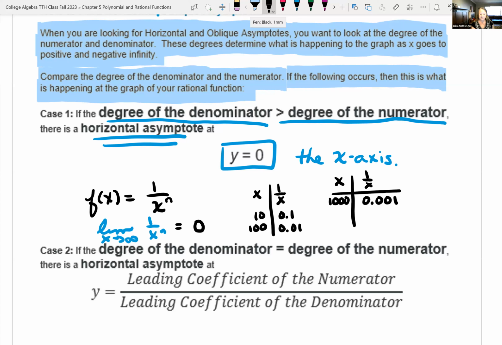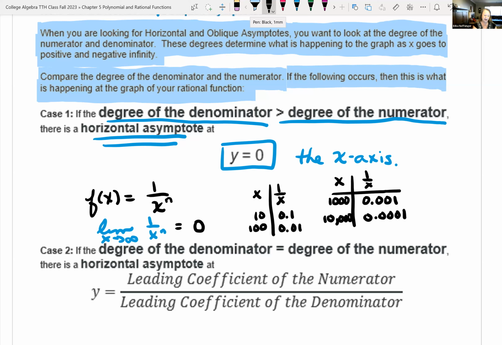And so notice as x goes to infinity, my output, 1 over x, is going to 0. If I put in 10,000, then I get 1 over 10,000, which is 10,000ths.